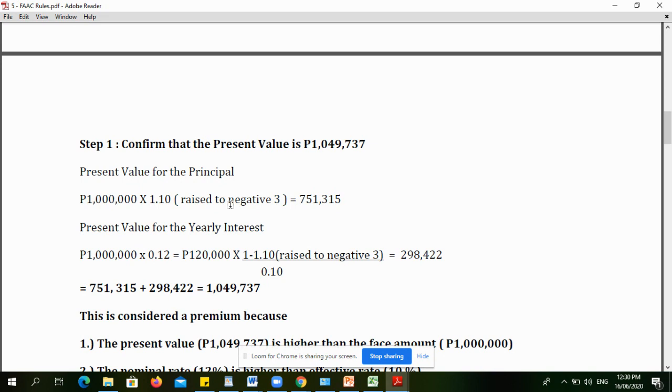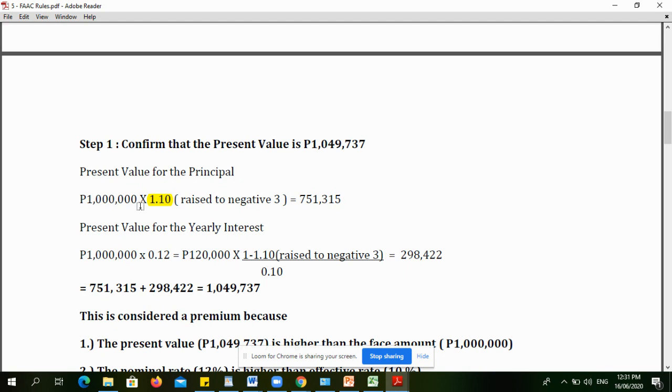Ang napapansin nyo, ang rate na ginagamit natin na pang present value is the 10% because ang effective rate 10%. So ito ang gagamitin natin para mag-amortize or maghanap ng present value. For the principal, since the face amount is 1 million pesos, we will multiply this by 1.10 raised to negative 3.